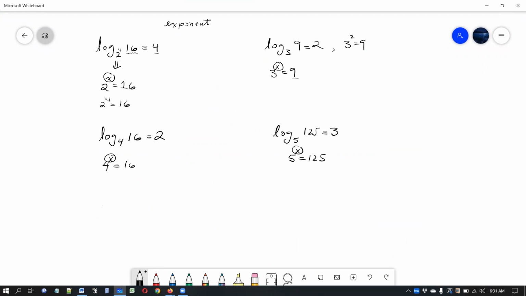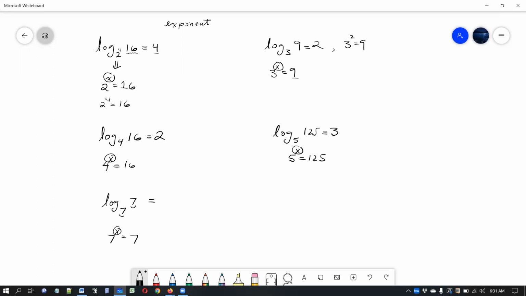Now, one very common case would be something like this, when these two numbers are the same, the number you're trying to take the log of and the base. So what is log base 7 of 7? Well, this is like asking this question: 7 to the x equals 7.